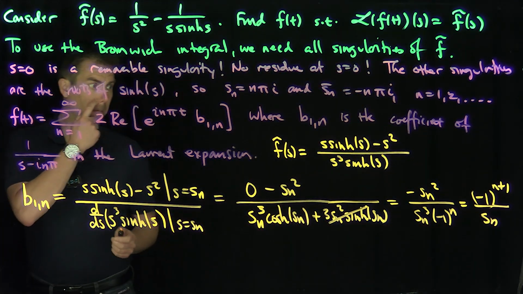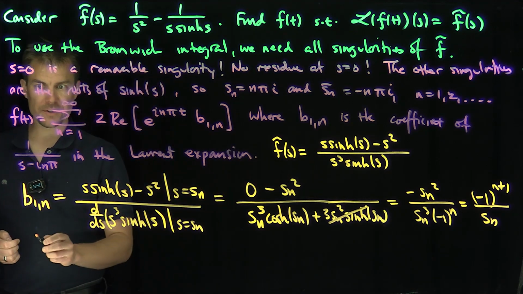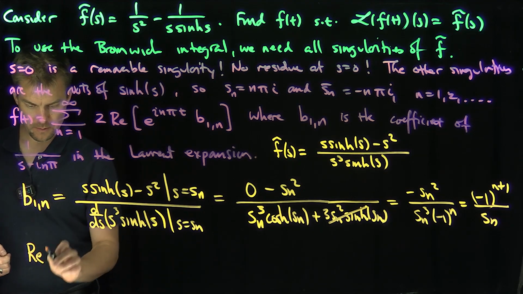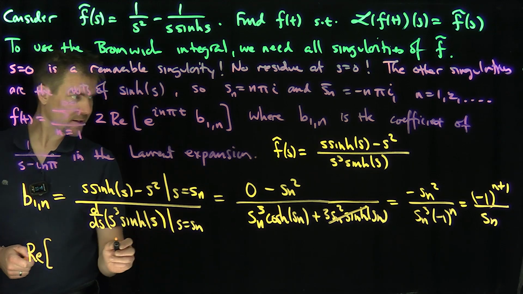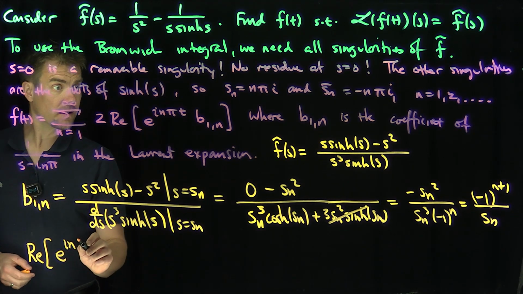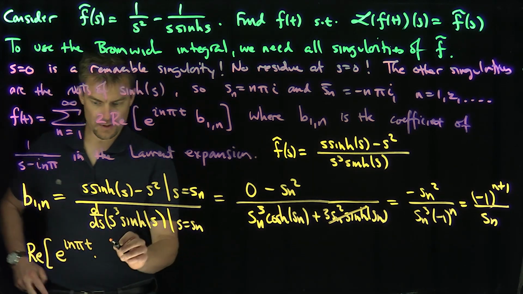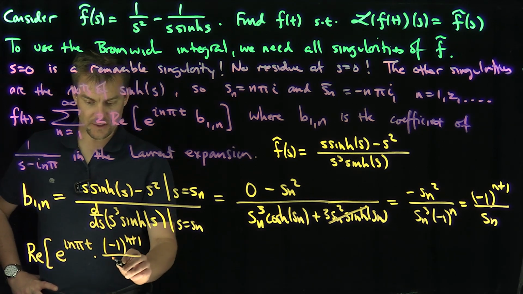Excellent, okay? Okay, so now we're in our position. So what is twice the real part? So now what's the real part? The real part of e to the I n pi t times these things, times -1 to the n plus 1 over Sn is going to be a what?